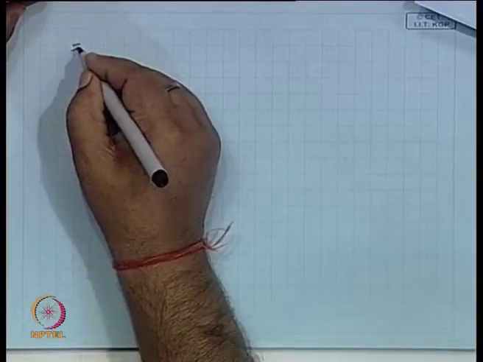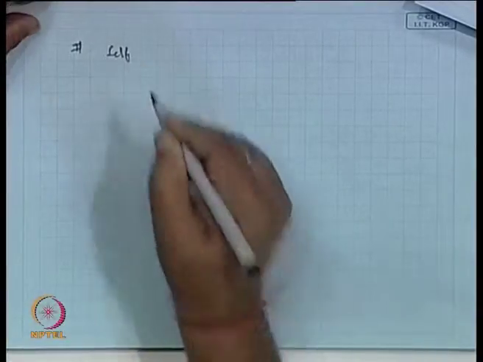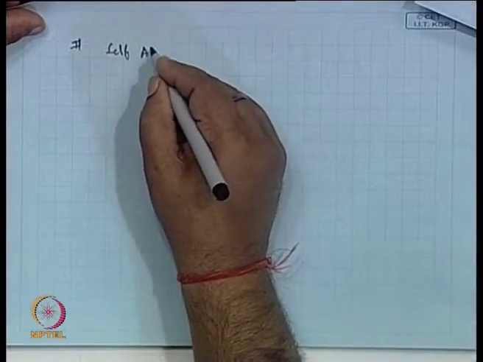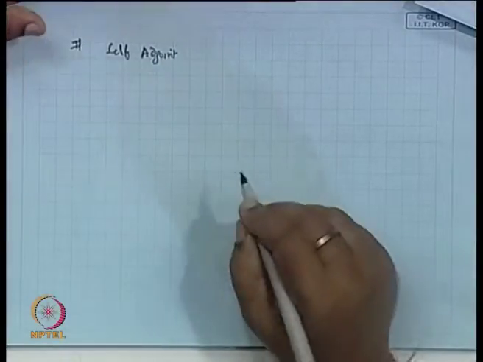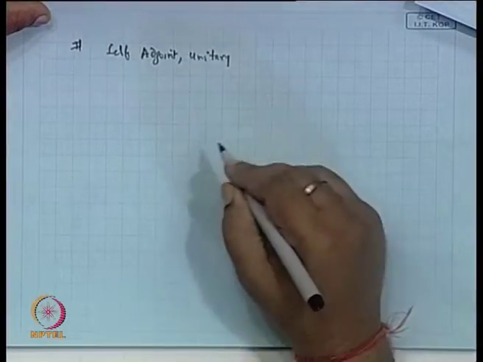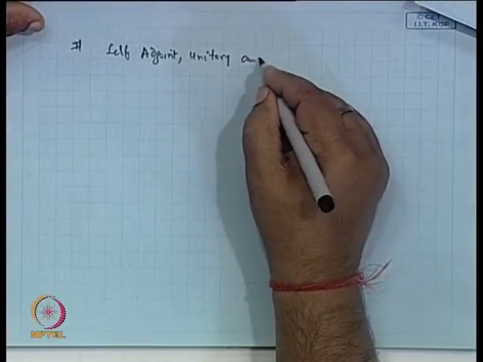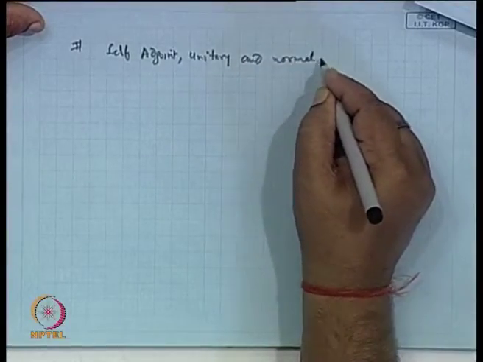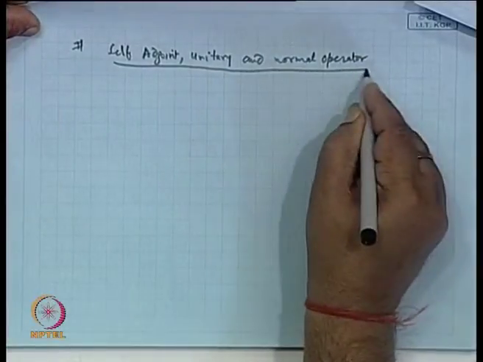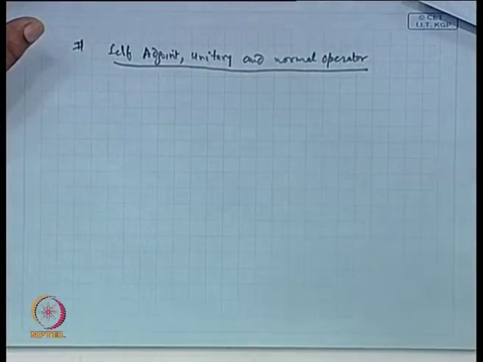This self adjoint operator in particular cases can be classified in three: self adjoint, unitary and normal operator.